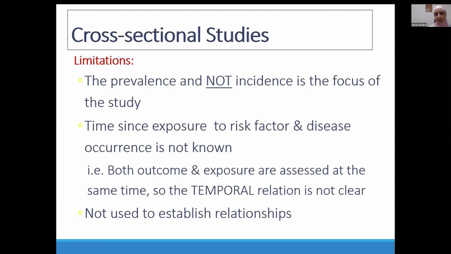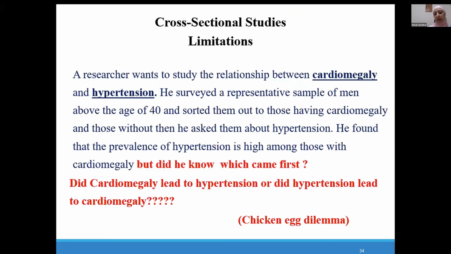A major limitation is the chicken and egg dilemma, where you don't know what started first. Did the exposure lead to the outcome, or did the outcome lead to the exposure, the other way around? For example, say a researcher wants to study the relationship between cardiomegaly and hypertension. That researcher surveyed a representative sample of men above the age of 40 and sorted them into those with cardiomegaly and those without.